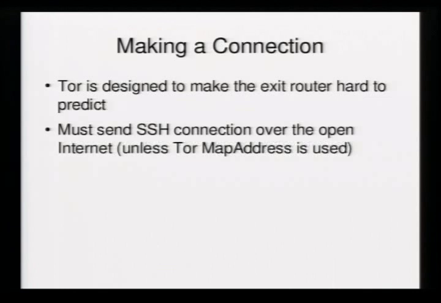That, unless MapAddress is used within the Tor network, presents a problem, because once the SSH connection is made over the open internet, the IP address from which it originates is going to be different than the exit router IP address that the SPA packet was sent from via Tor.